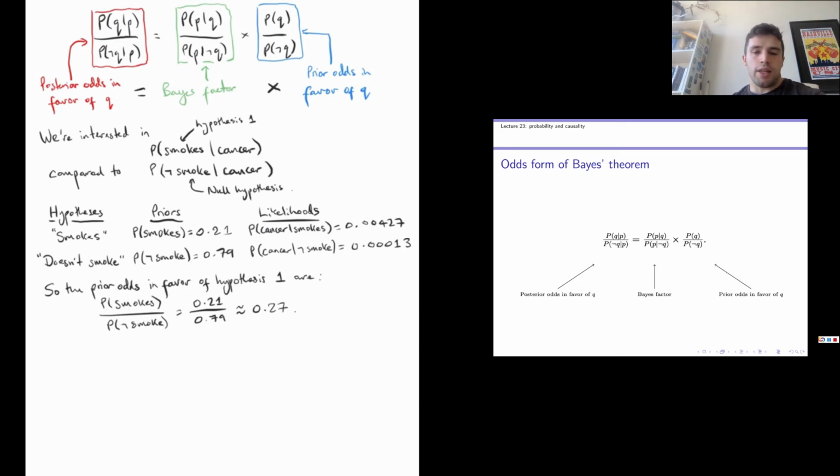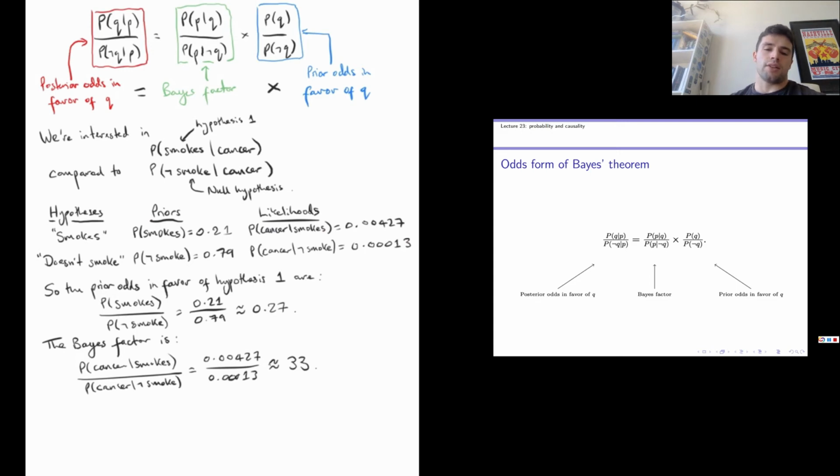Next, let's look at the Bayes factor, or the ratio of the likelihoods in favour of hypothesis 1. The likelihood that one develops lung cancer given that one smokes is 0.00427, and the likelihood that one develops lung cancer given that one doesn't smoke is 0.00013. So 0.00427 divided by 0.00013 gives you an answer of around 33.